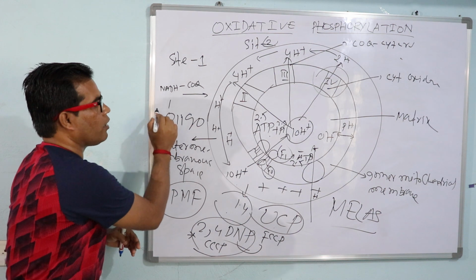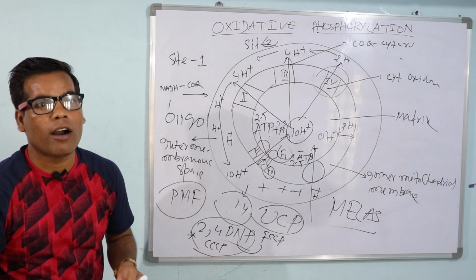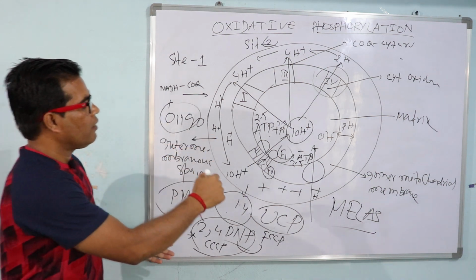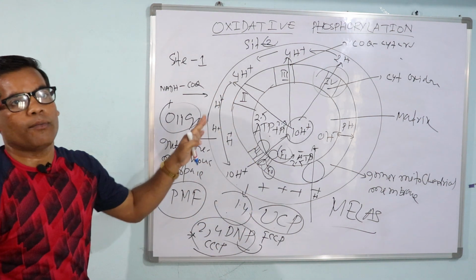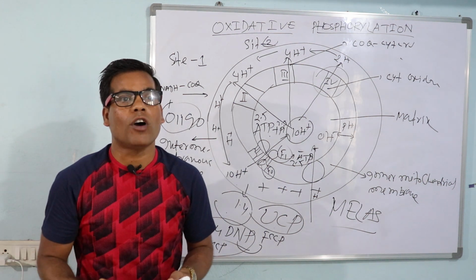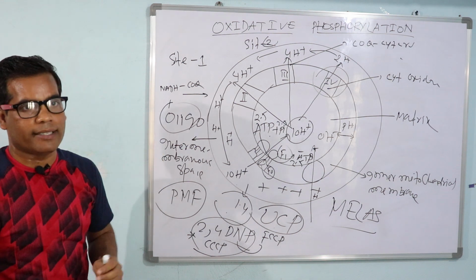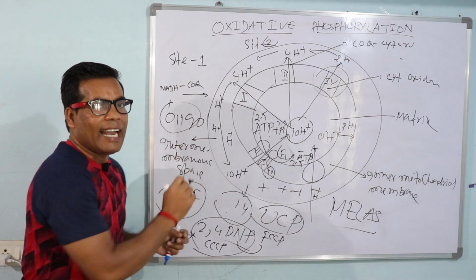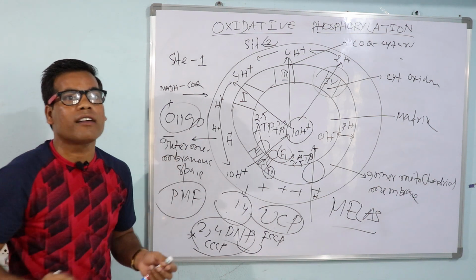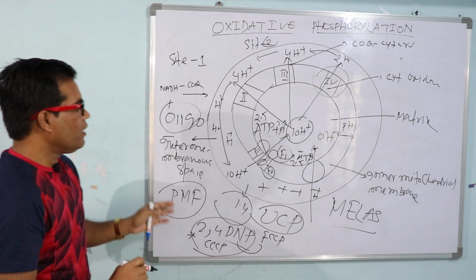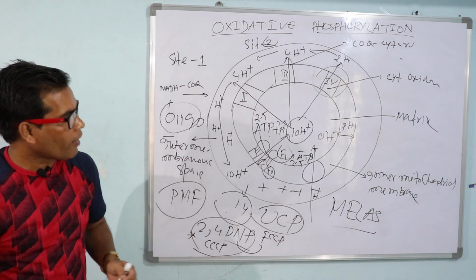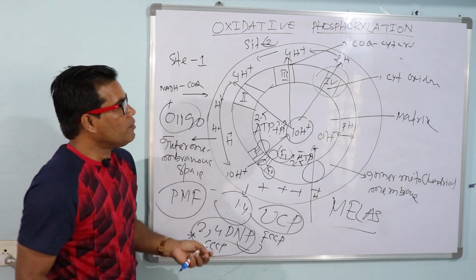The third inhibitor is called bongkrekic acid, which also inhibits the transfer of ATP from the matrix to cytoplasm. So these are the 3 inhibitors for oxidative phosphorylation: oligomycin, atractyloside, and bongkrekic acid. So the mechanism is up to this.